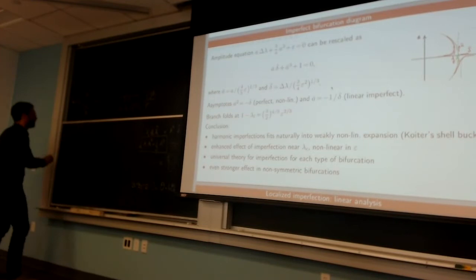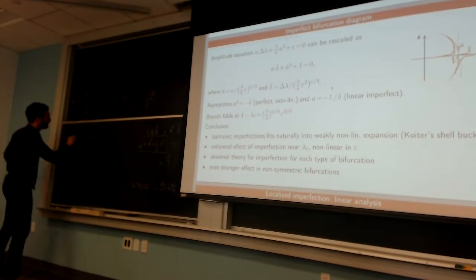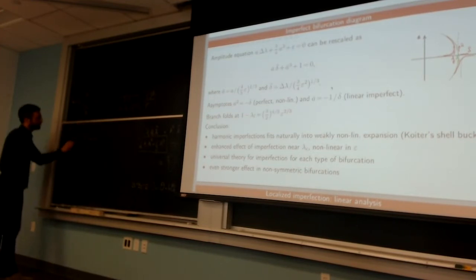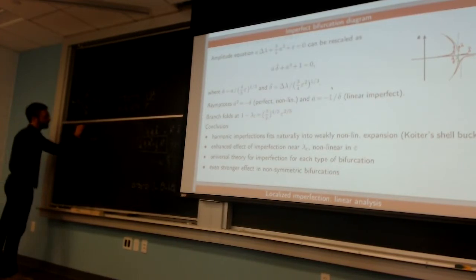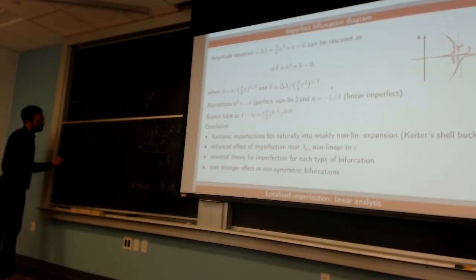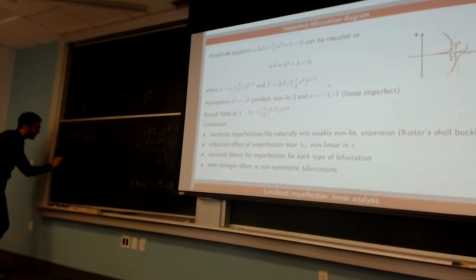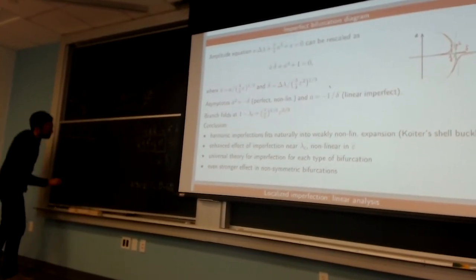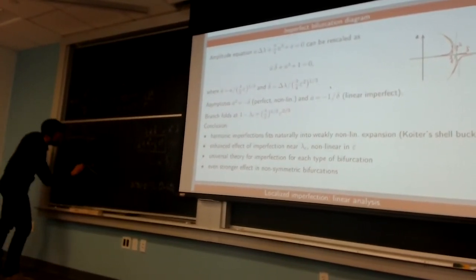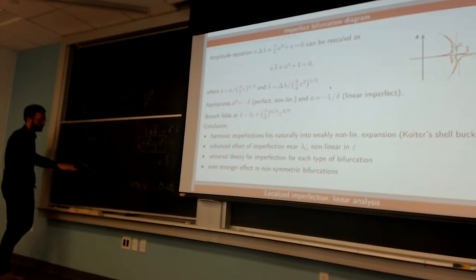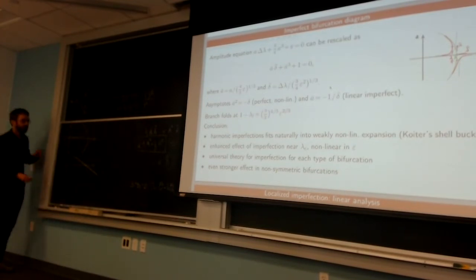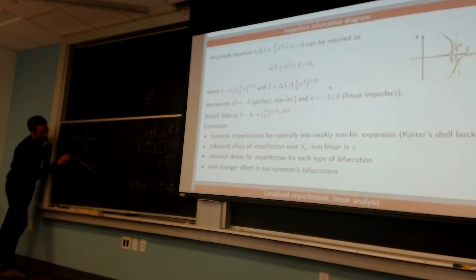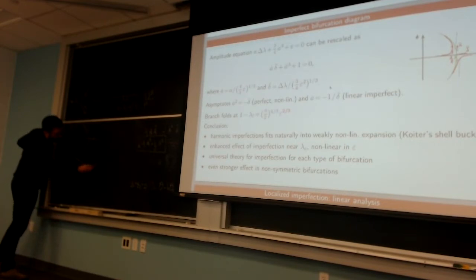Another thing is that, so here I've described the case of a symmetric bifurcation where the imperfect curve looks like that. But there's another case, which I don't have time to cover, but just a drawing. If you have an imperfect bifurcation that has, particularly when it has a small slope, the imperfect curve would typically look like that.